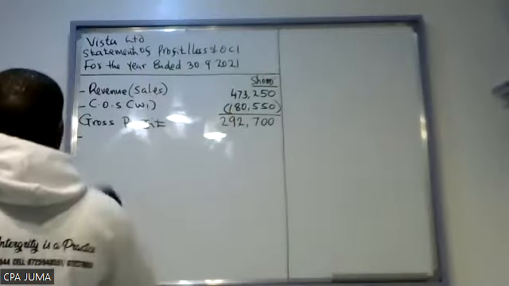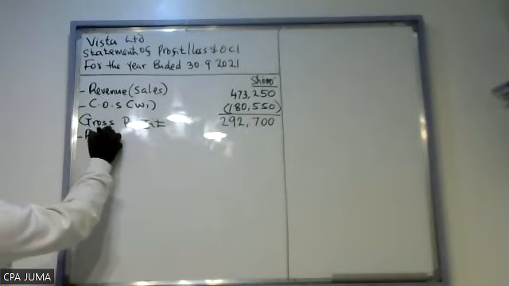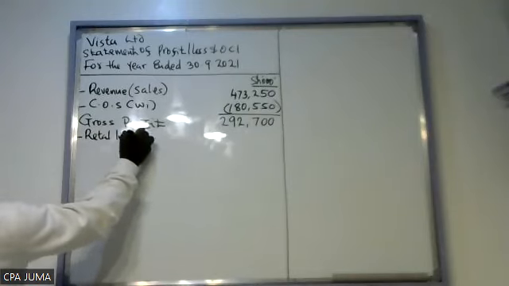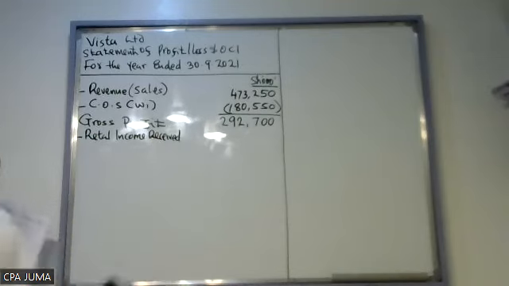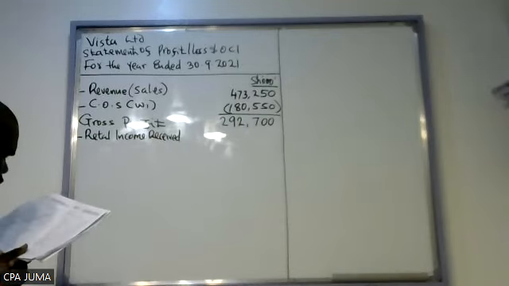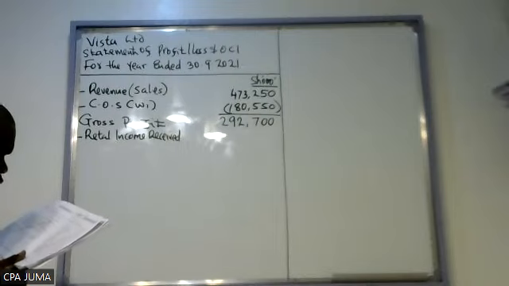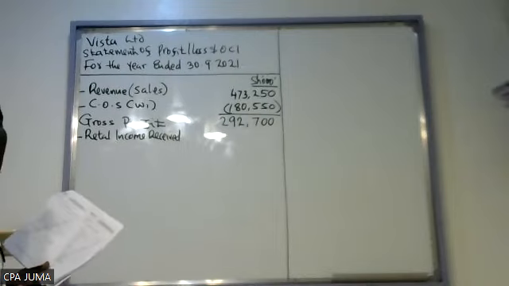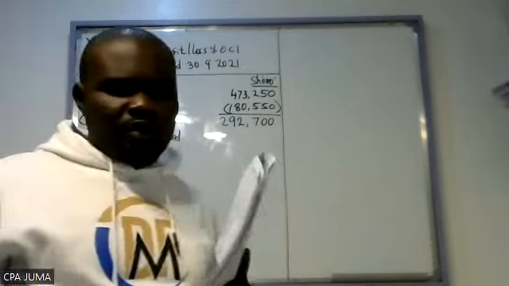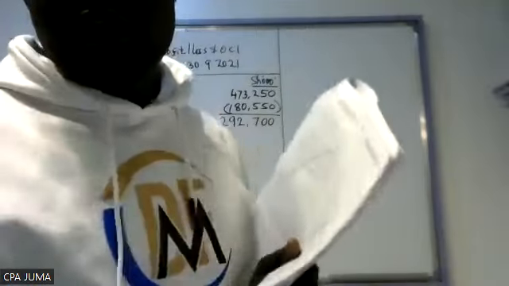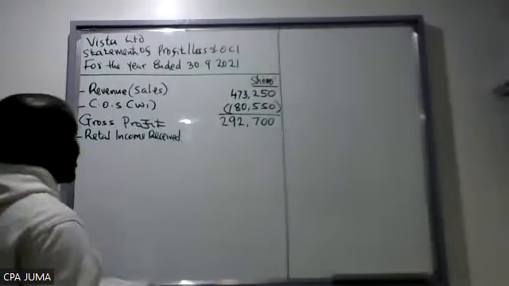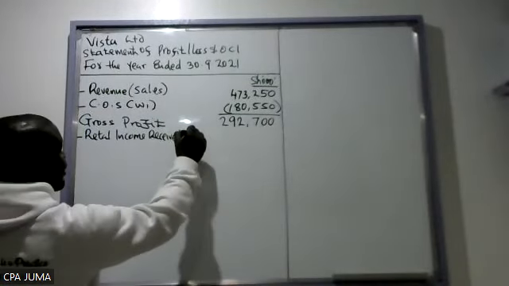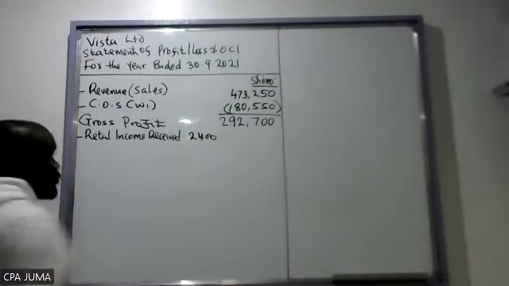Check the rental income received, I'm seeing 2,400. Bring it somewhere here, 24.